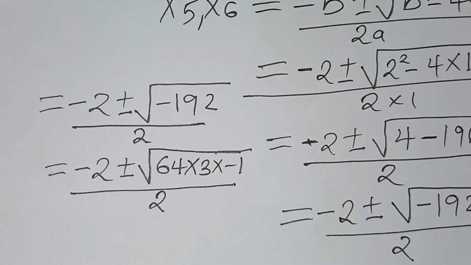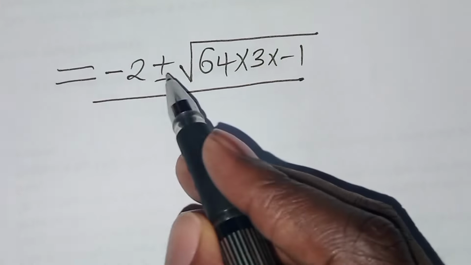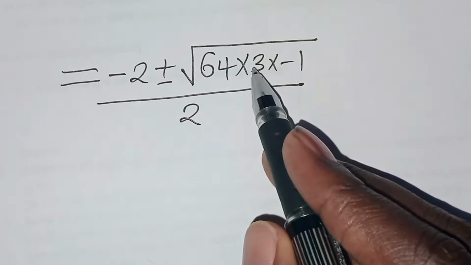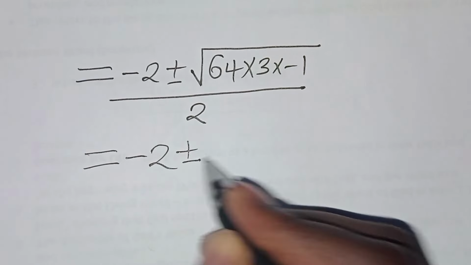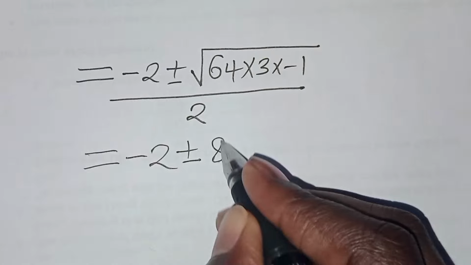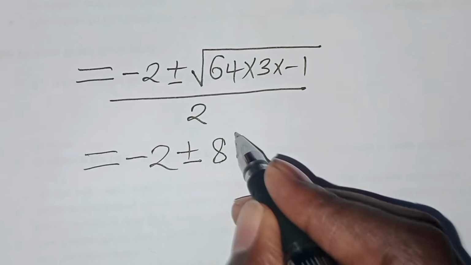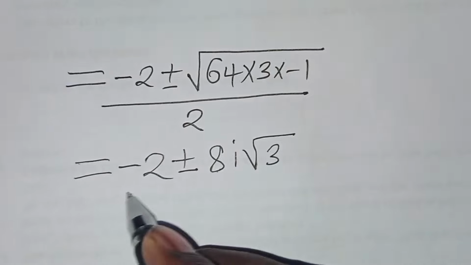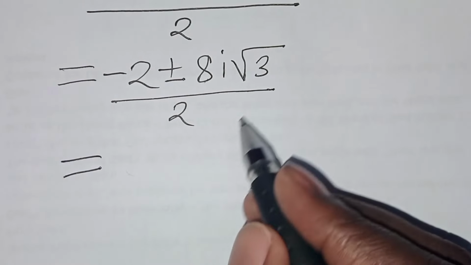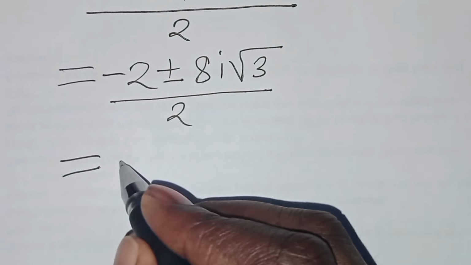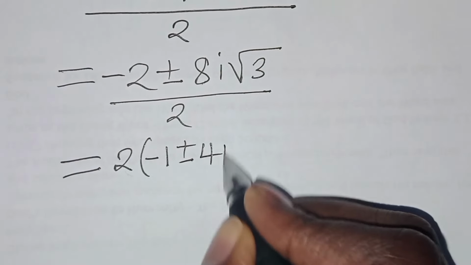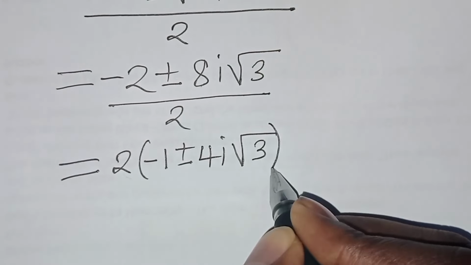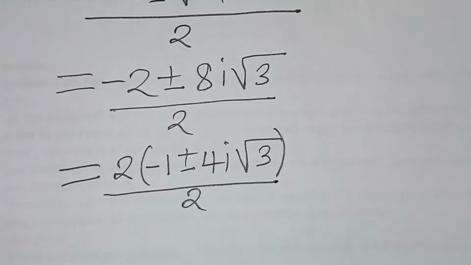So let's proceed from here. So we have minus 2 plus or minus the square root of 64 times 3 times minus 1, divided by 2. So here this is minus 2 plus or minus the square root of 64, this is 8. The square root of minus 1, this is i, square root of 3, then divided by 2. So then here we can factor out 2, so that here we'll have minus 1 plus or minus 4i square root of 3 divided by 2.